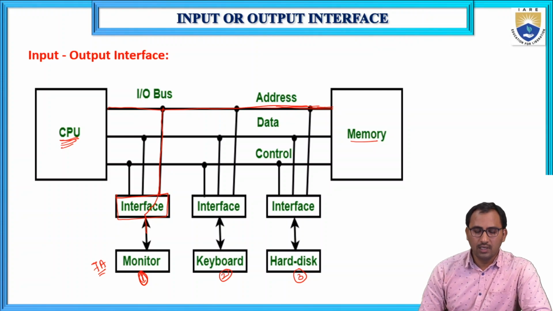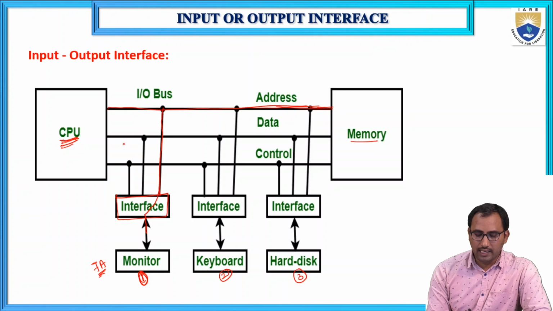Suppose the address generated by the CPU does not match the address of the IO device, then that particular IO device will be kept idle. That means it will be in deactivated mode, it will not be active. Only when the addresses are matched will the IO device come into operation.